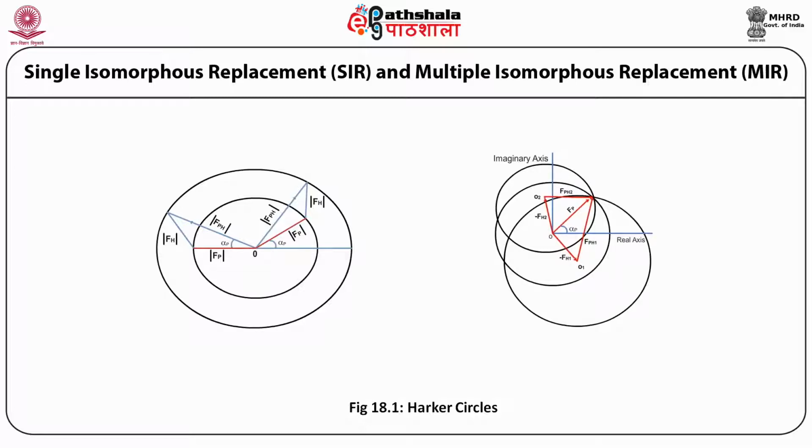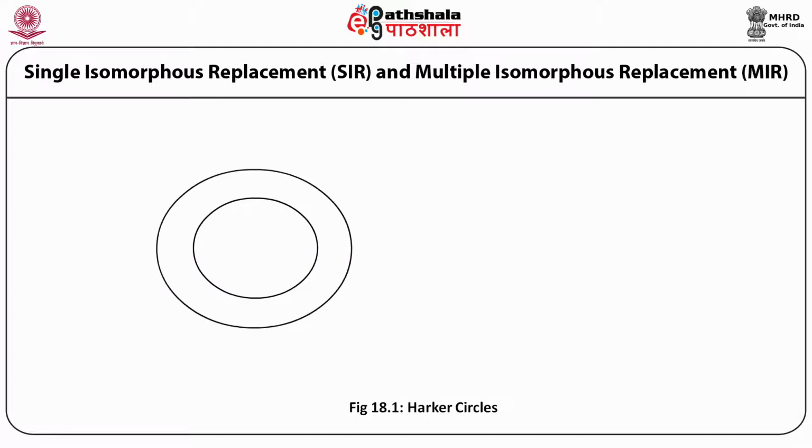You have to look at the diagram carefully. Let us have a circle centered at O, and with mod Fp as the radius, draw the circle. Next, you have the first heavy atom position determined. You know the contribution of the heavy atom to the structure factor.